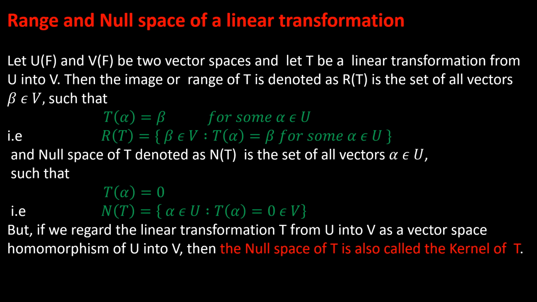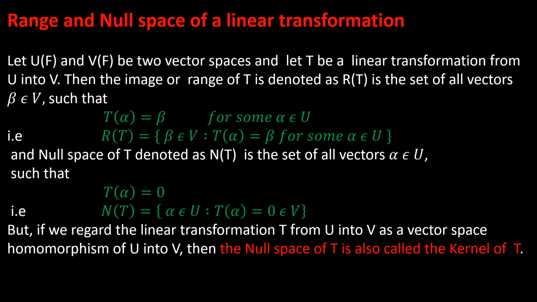Let U(F) and V(F) be two vector spaces, and let T be a linear transformation from U into V. Then the image or range of T, denoted R(T), is the set of all vectors beta belonging to V such that T(alpha) = beta for some alpha belonging to U. And the null space of T, denoted N(T), is the set of all vectors alpha belonging to U such that T(alpha) = 0, where 0 belongs to V.